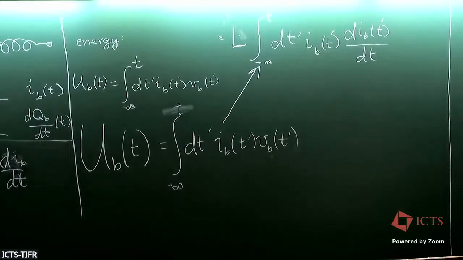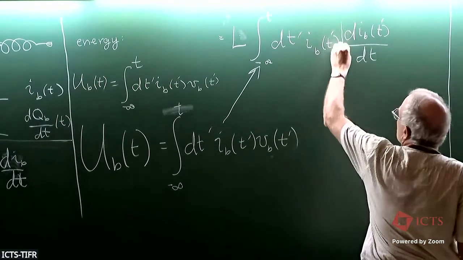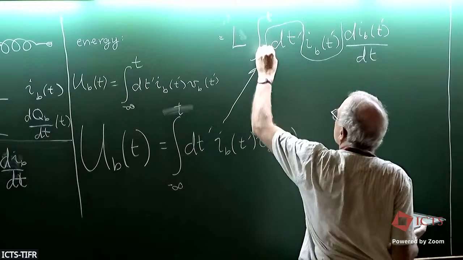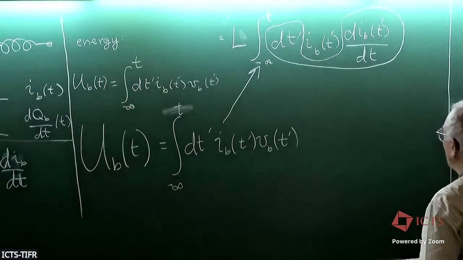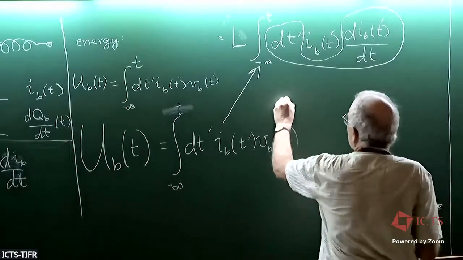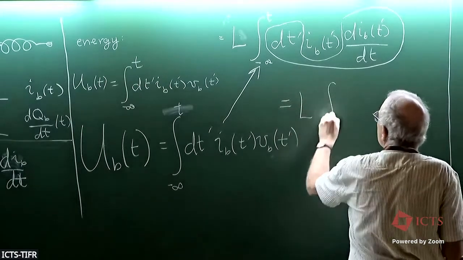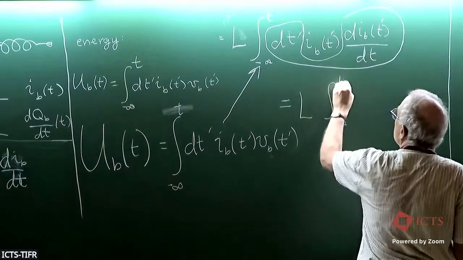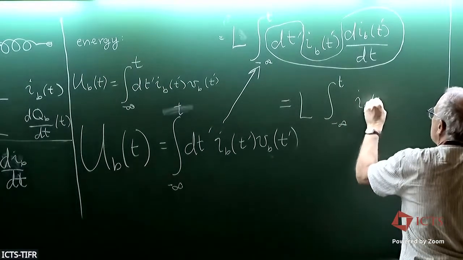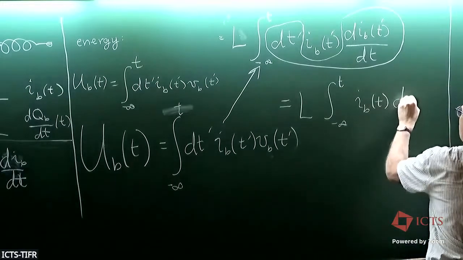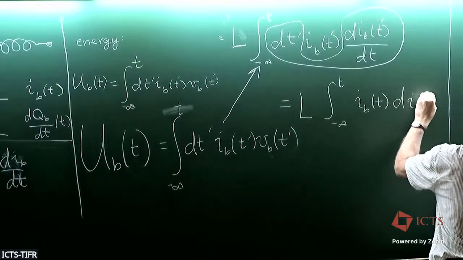Okay, now recognize this. This is one of these features of calculus. I can look at this combination and see this is actually an integral over current. So it's equal to L times the integral again, from minus infinity to t, I_B of t, dI_B of t prime.